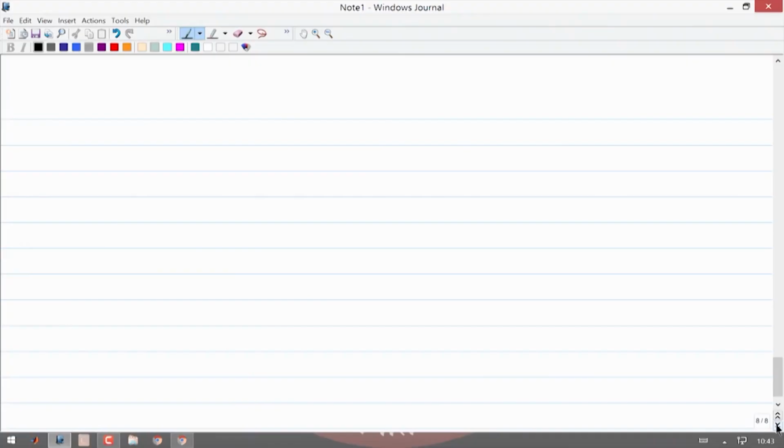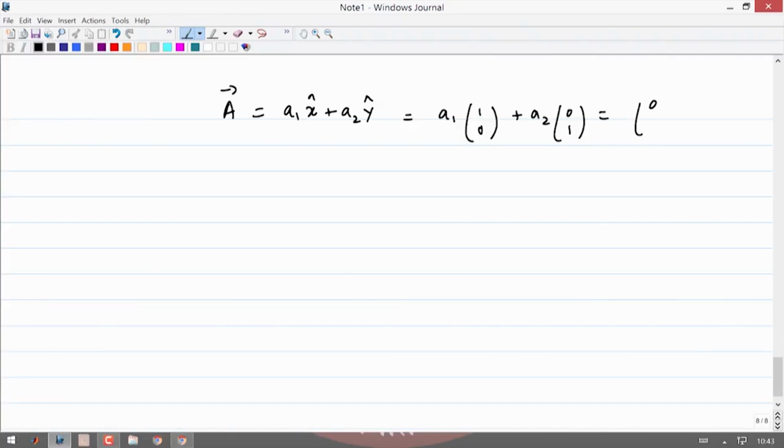So, now if we write an arbitrary vector A, we have written this earlier as A1 of x and A2 of y, and that now written in terms of columns is A1 times 1 0 plus A2 times 0 1, and doing the matrix addition you see that this is nothing but the column A1 A2.